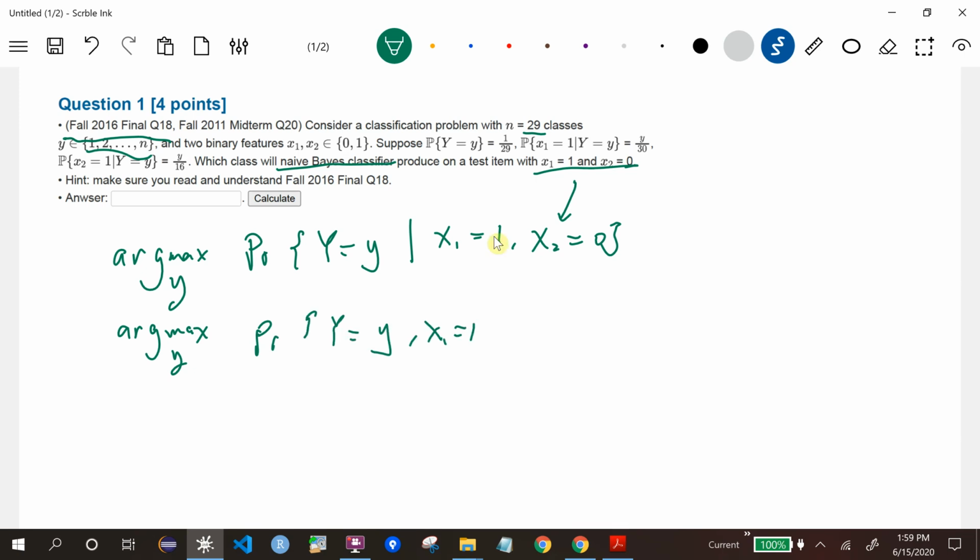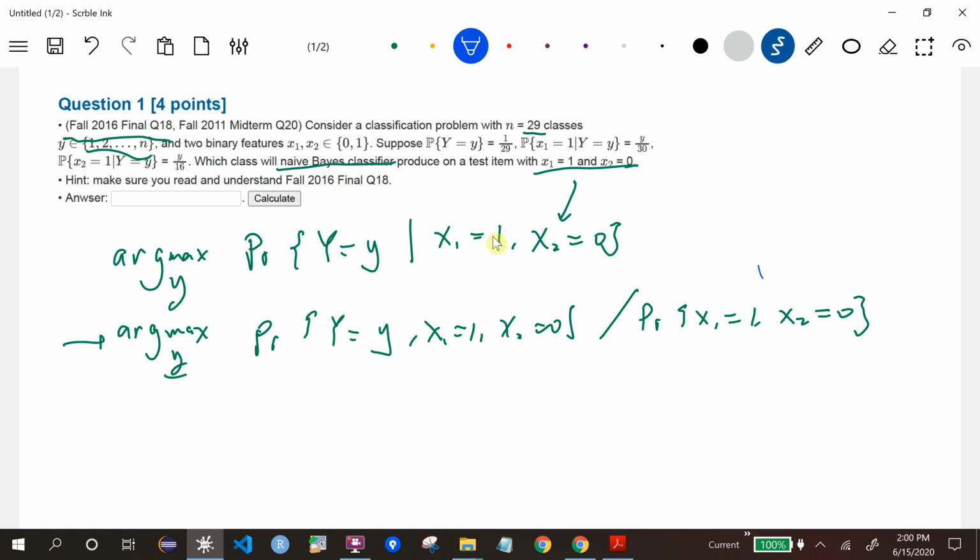Remember, when we get these conditional things, we always use the definition and divide it by x1 is 1, x2 is 0. So now we are maximizing by picking a y, and we are dividing all of these by a constant that's independent of y, so we can get rid of that.